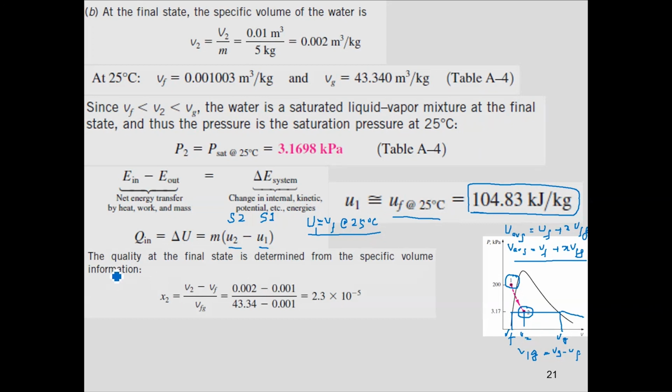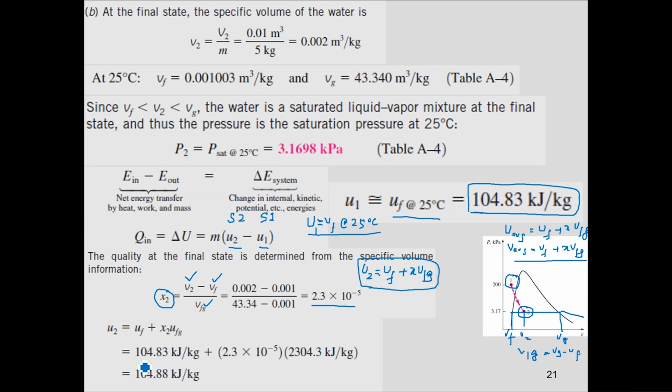So the quality x can be determined from V2, which is V average, Vf at 25 degrees centigrade, and Vfg for 25 degrees centigrade would give me the value of x2. Once I have the value of x2, I can find out the value of U2, which would essentially be equal to Uf at 25 degrees centigrade plus x multiplied by Ufg at 25 degrees centigrade.